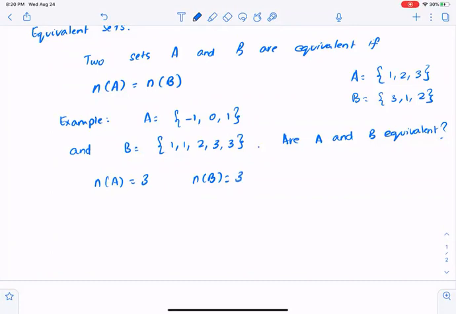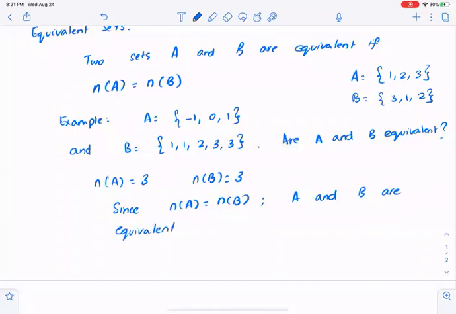So n of A is equal to n of B. Since n of A is equal to n of B, A and B are equivalent sets.